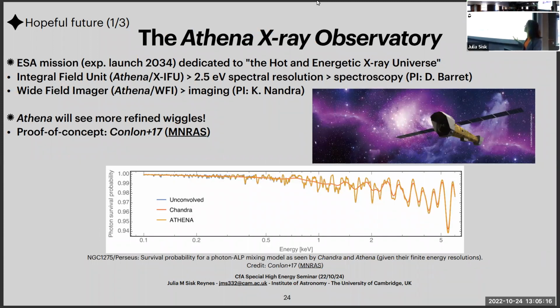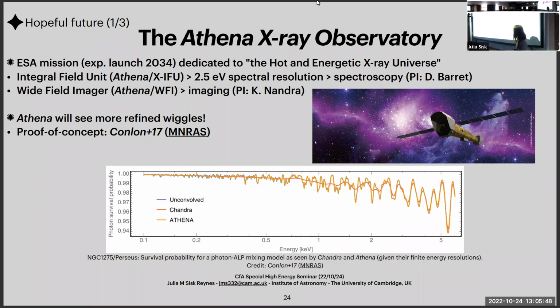As you may know, the Athena X-ray Observatory is the next generation European mission that will be dedicated to the study of the hot and energetic X-ray universe. It will consist of 2 instruments that will equip Athena with imaging and spectroscopic capabilities. But the one that I want to focus on is the X-IFU, the integral field unit, which will have an unprecedented spectral energy resolution.